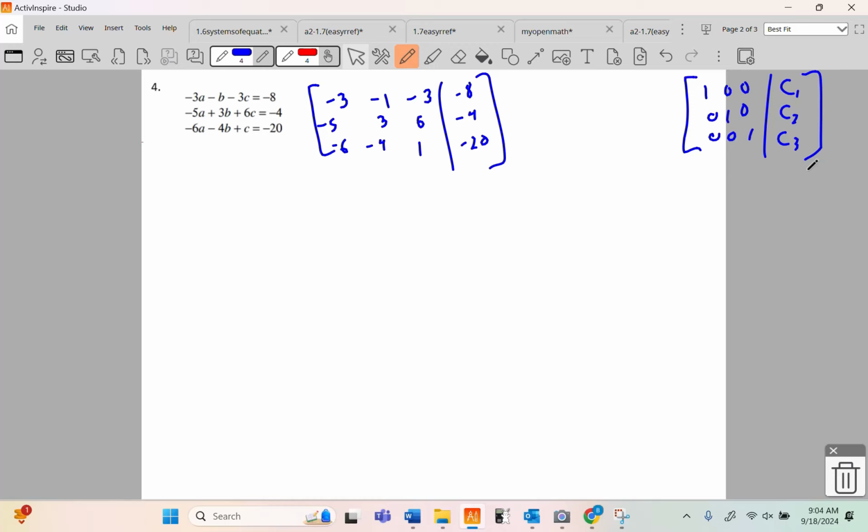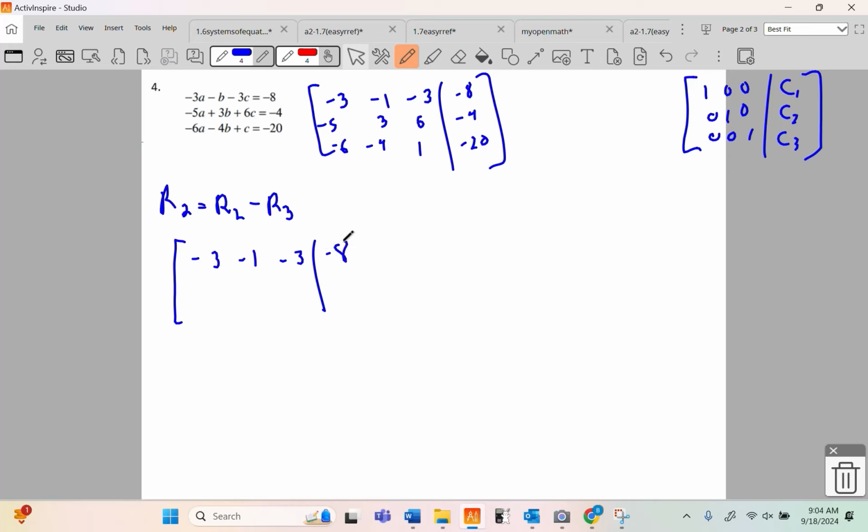If I divide this -3 out, I'm going to introduce fractions. So I'm actually going to turn this guy into a 1, and then I'm going to row swap it. So here's my deal. Row 2 is row 2 minus row 3. I don't just do something.